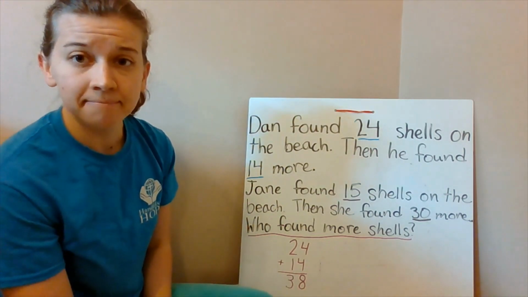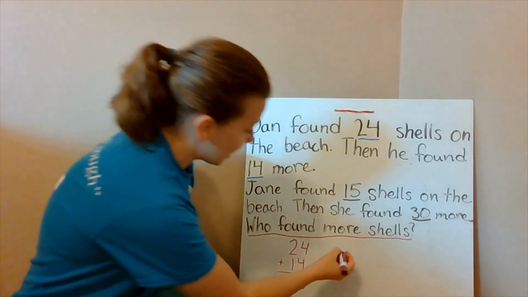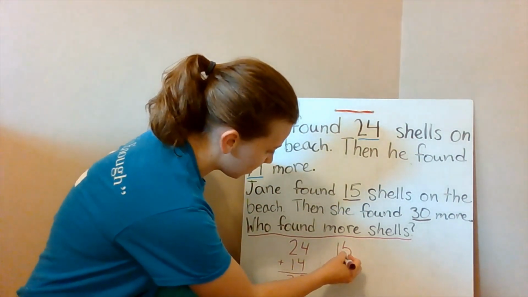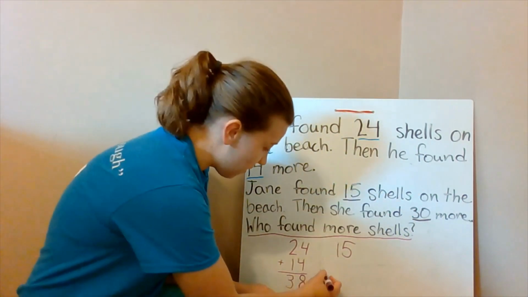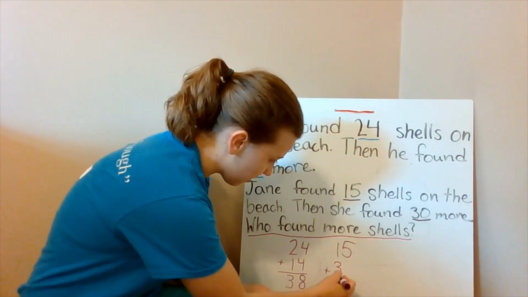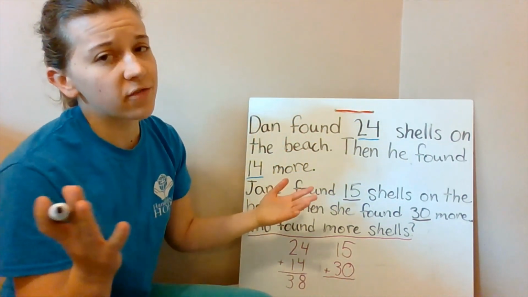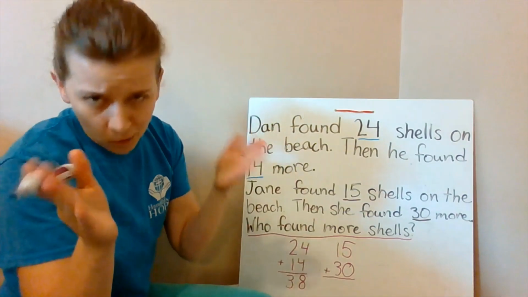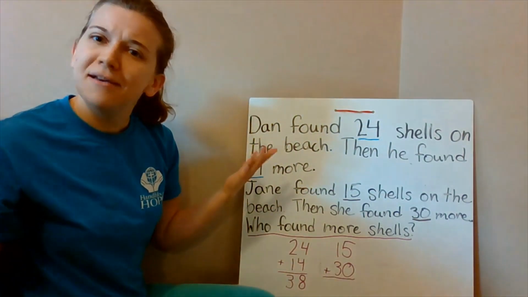So how are we going to do that? Same thing, right? We're going to do addition again. So Jane found 15. So let's start with 15 up here. And then she found 30. All right, so 15 plus 30. What do we add first? Ones or tens? Ones. Good. 5 plus 0. Oh my goodness, what could that be? 5.